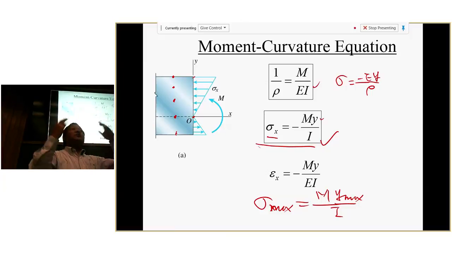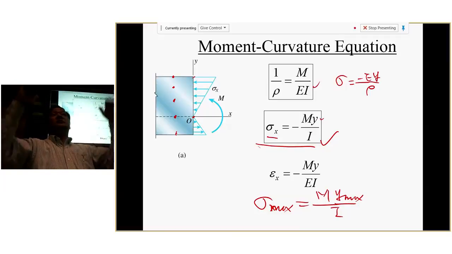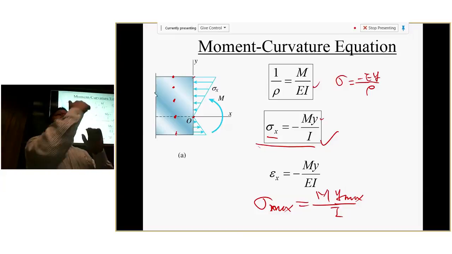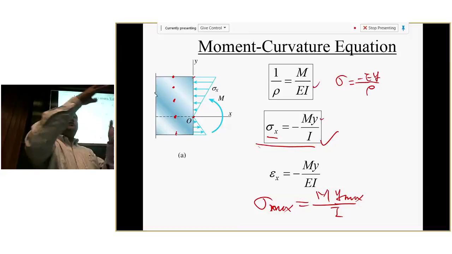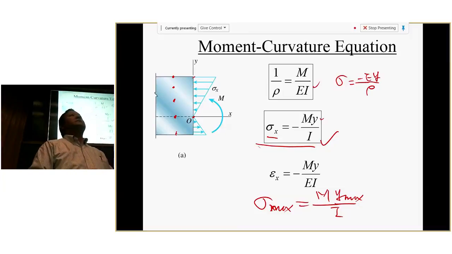So if you have limited material and you want to build a beam to hold the maximum load, where do you want to put your material, at the bottom or the top? You want to avoid the middle, because material in the middle doesn't carry much stress.